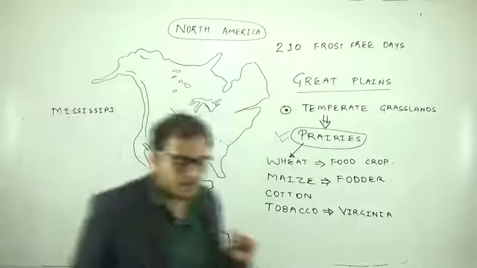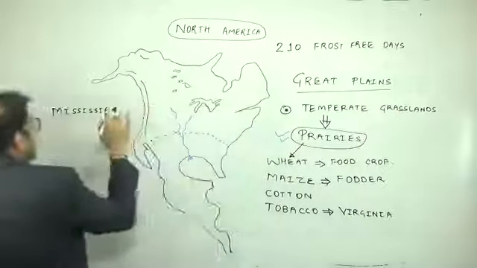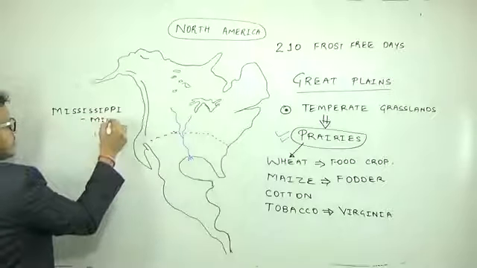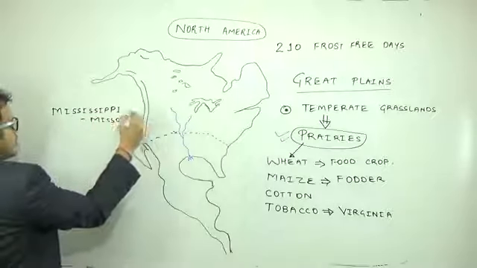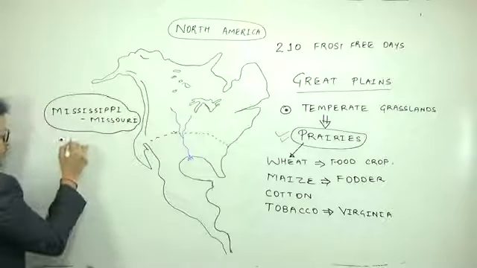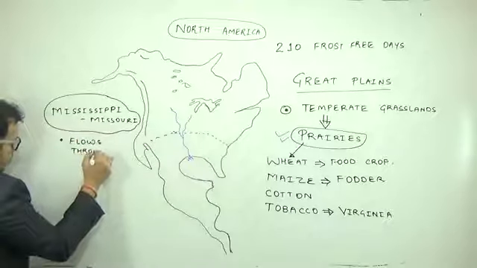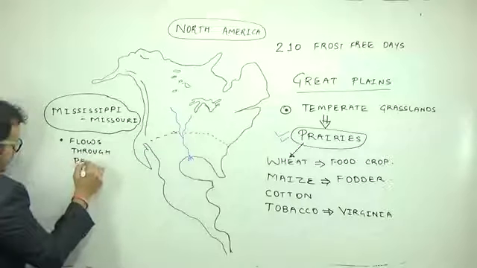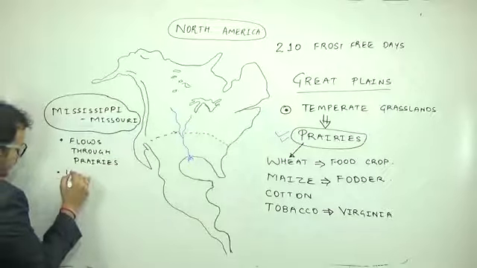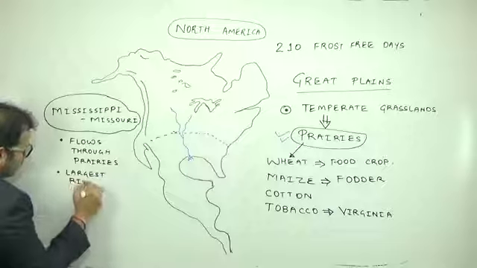It is the Mississippi Missouri River which flows through the prairie region of North America. It is the largest river of North America.